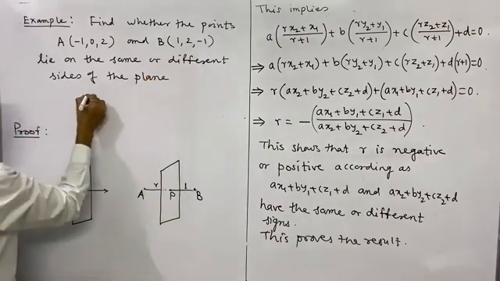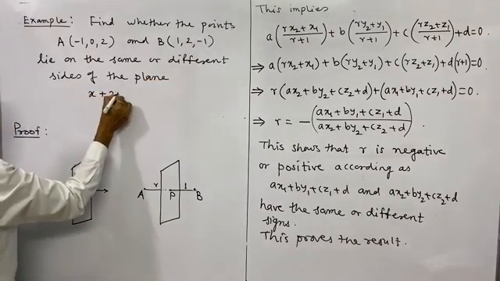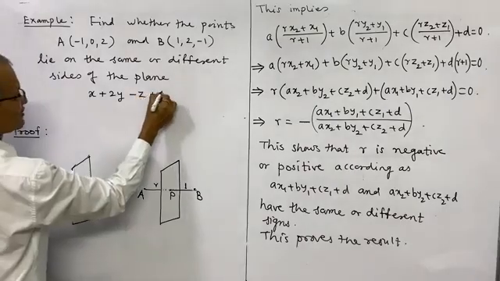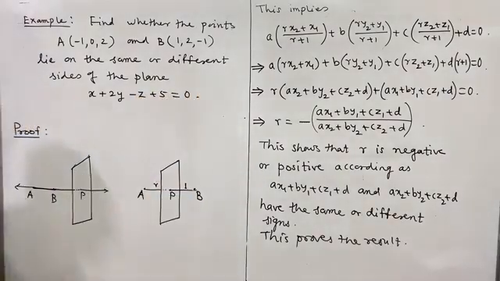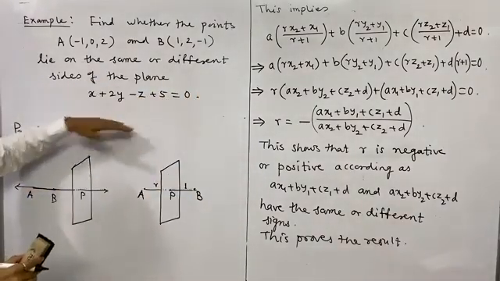The plane may be taken as x + 2y - z + 5 = 0. Any random example we have considered, we will check this.